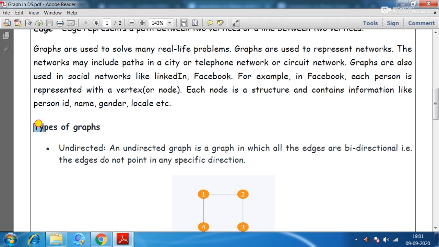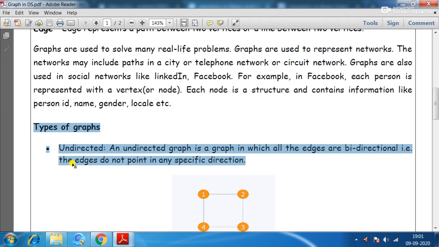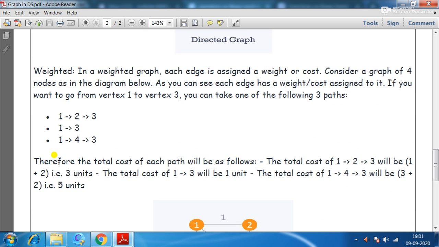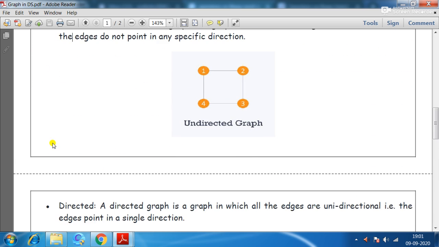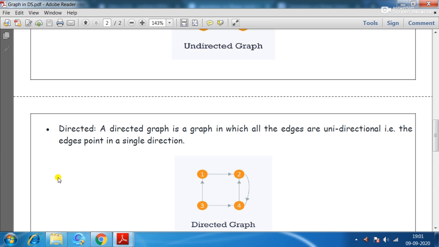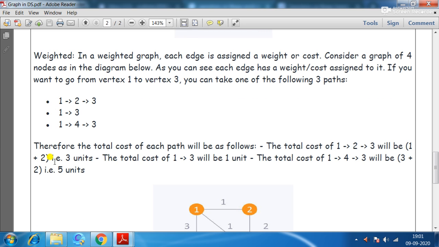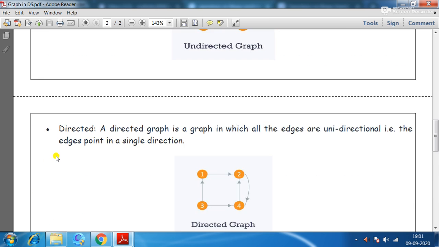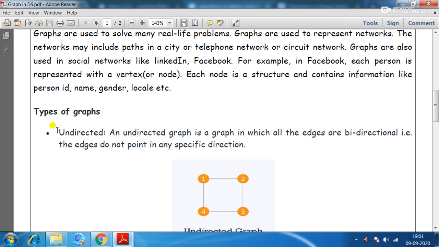Now coming to the types of graphs, we can divide graphs into two major categories, directed and undirected, and also a third category, the weighted graph. First we will discuss the undirected graph.